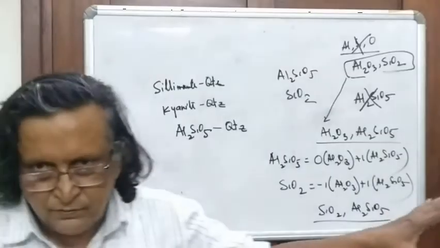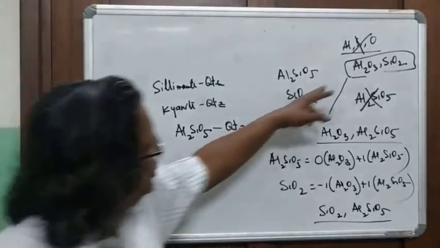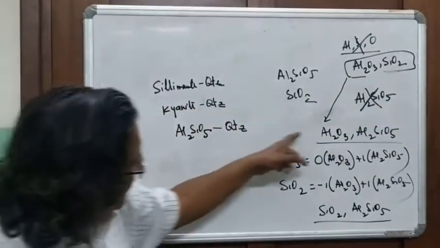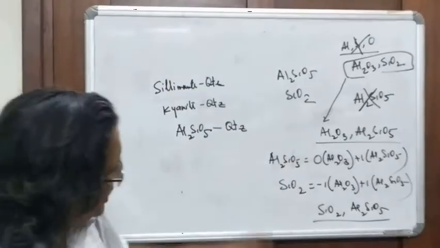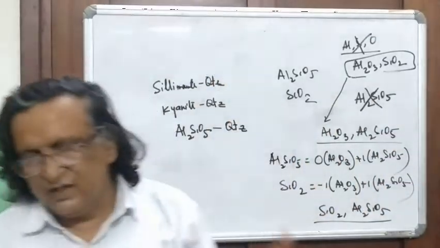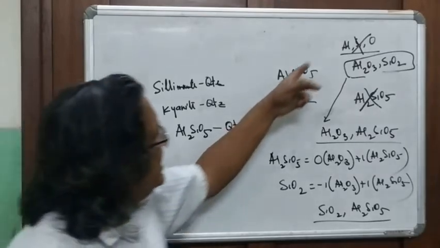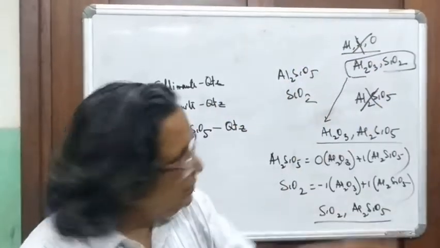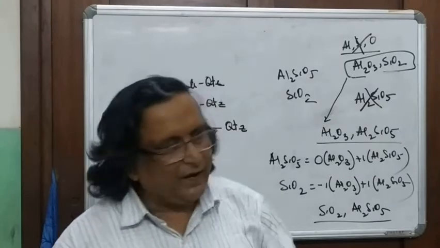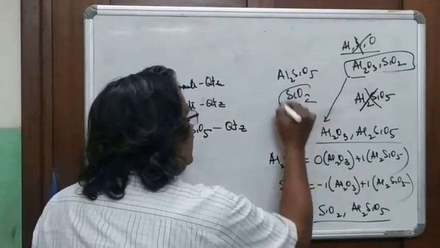The rest doesn't matter. You can have Al2O3 and SiO2, you can have Al2O3 and Al2SiO5, you can have SiO2 and Al2SiO5. Doesn't matter. But you can't have Al-Si-O, 3 components, it is wrong. And you can't take Al2SiO5 alone because you can't describe the formula of SiO2.